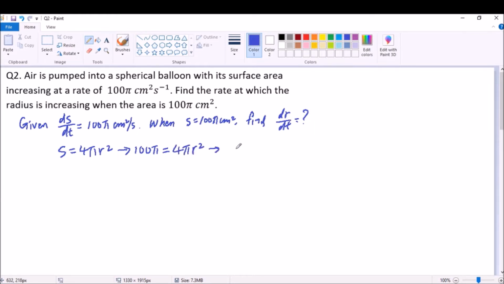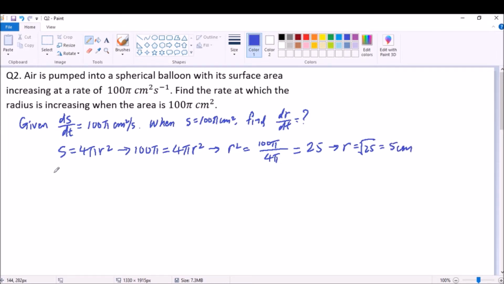And so r squared equals 100 pi divided by 4 pi, which is 25. And so r equals the square root of 25, which equals 5 cm.